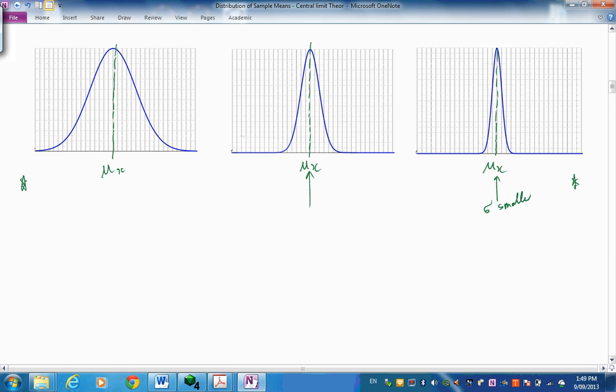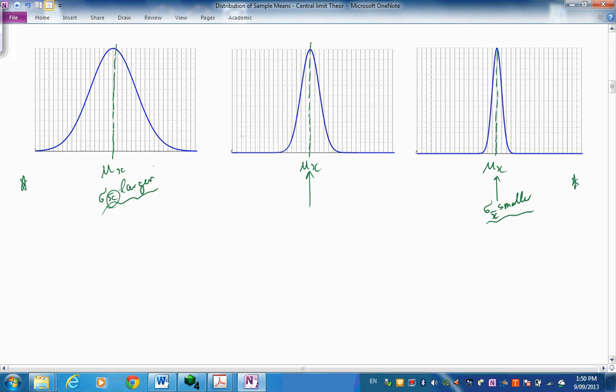And this is the sigma of x bar. How spread these means would be if we kept taking them of a certain size, and let's say that size was large or small, would you expect a bigger or smaller deviation? Because down here the variation or the spread is larger. Okay, and this is a spread of the x bars of a certain size n.